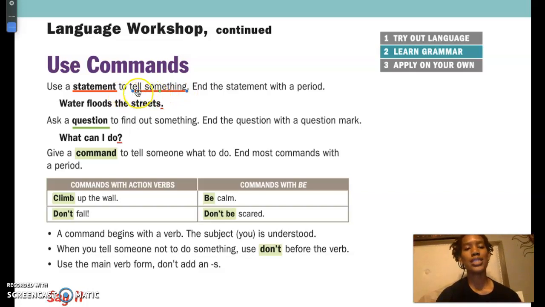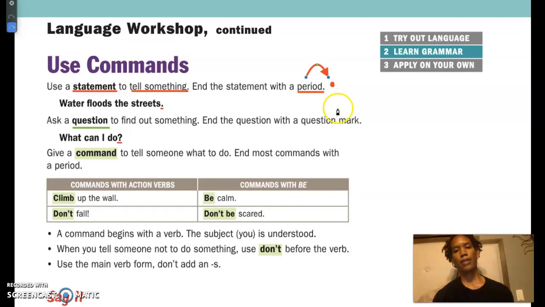Now, end the statement with a period. A period just looks like this. Period. Okay, that is a period. Our example says, water floods the street. Water floods the street. This is a statement because it is simply telling something.